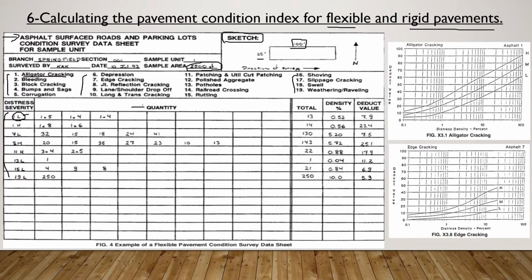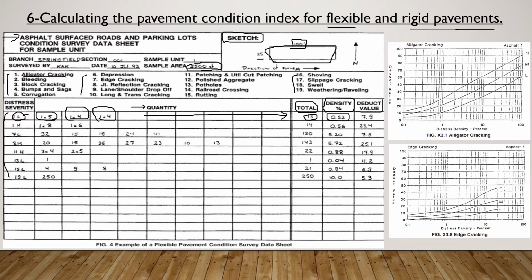So the quantity, how much alligator cracking with low severity do we have in our sample, which has an area of 2500 square feet. We have 1 multiplied by 5 and 1 multiplied by 4 and 1 multiplied by 4. So the total is 5 plus 4 plus 4, which gives us 13. And the density as a percentage is 13, the total, divided by the area of this sample, which is 2500 square feet, multiplied by 100, gives us 0.52%.